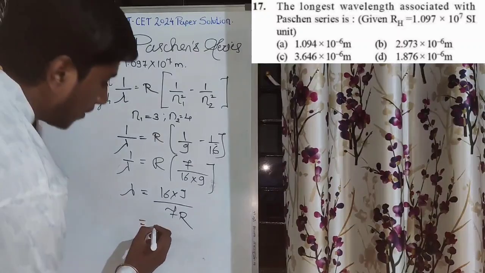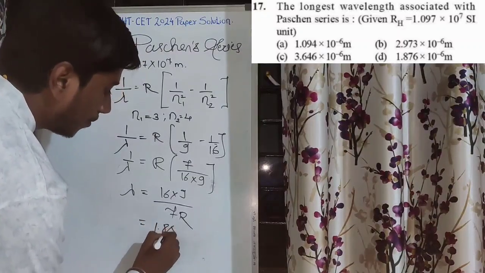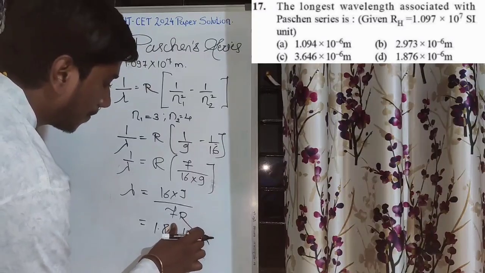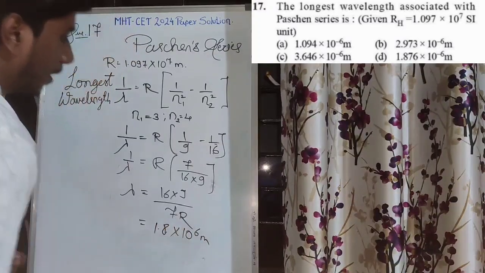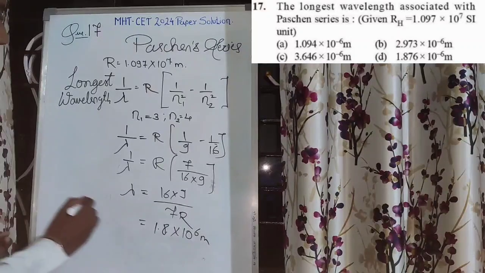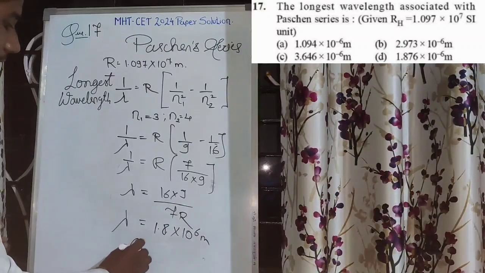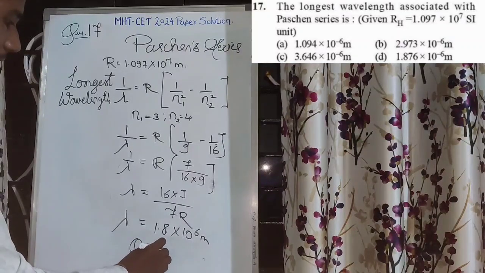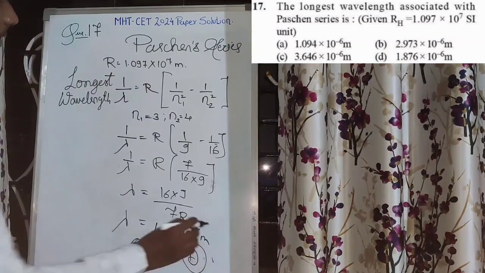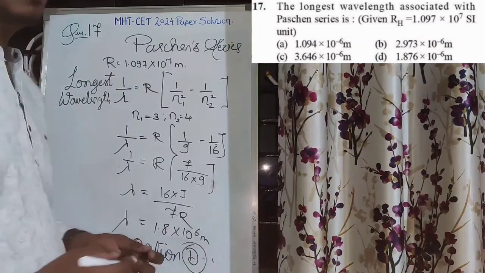So let us write down as 1.8 into 10 to the power minus 6 meter. And I think according to the question, it matches with the option D. This is the correct answer to this question.